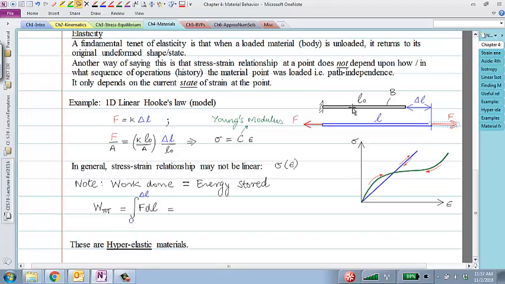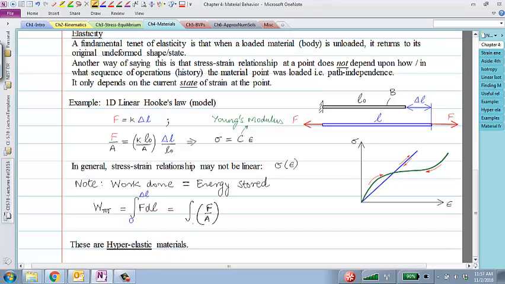At a particular point. So this is the total work done over the entire length of the bar. What I'm going to do is express it in terms of stress and strain, so we're going to make some substitutions. Integral of F divided by A gives me stress.